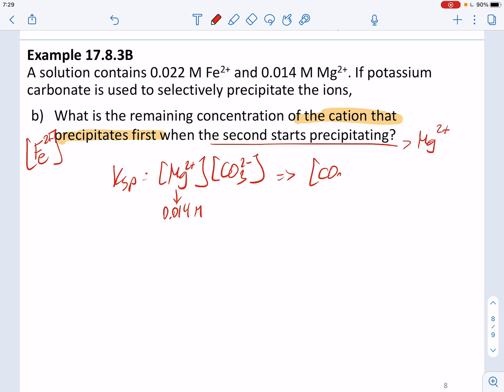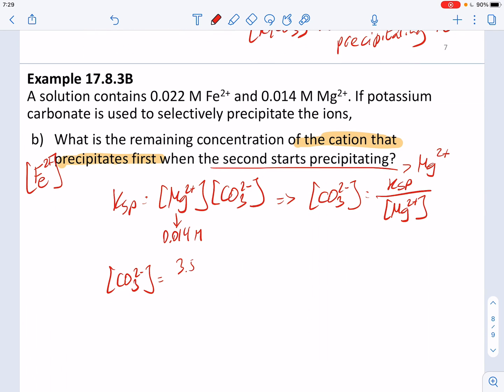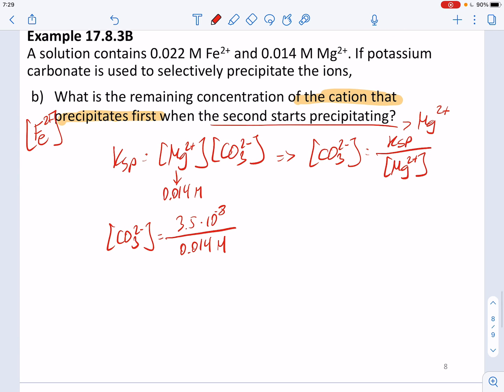Therefore, your concentration of carbonate is going to be KSP divided by magnesium, so 3.5 × 10^-8 divided by 0.014 molar, and this is equal to 2.5 × 10^-6 molar.